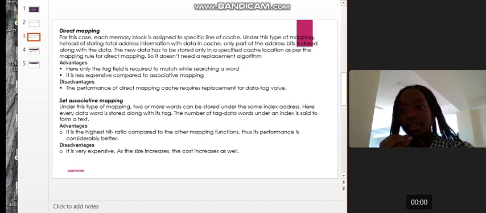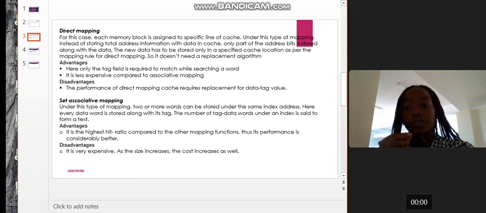So let's look at set associative mapping. Under this type of mapping, two or more words can be used under the same index address, and here every data word is stored along with its tag. The number of tag data words under an index is said to form a set.